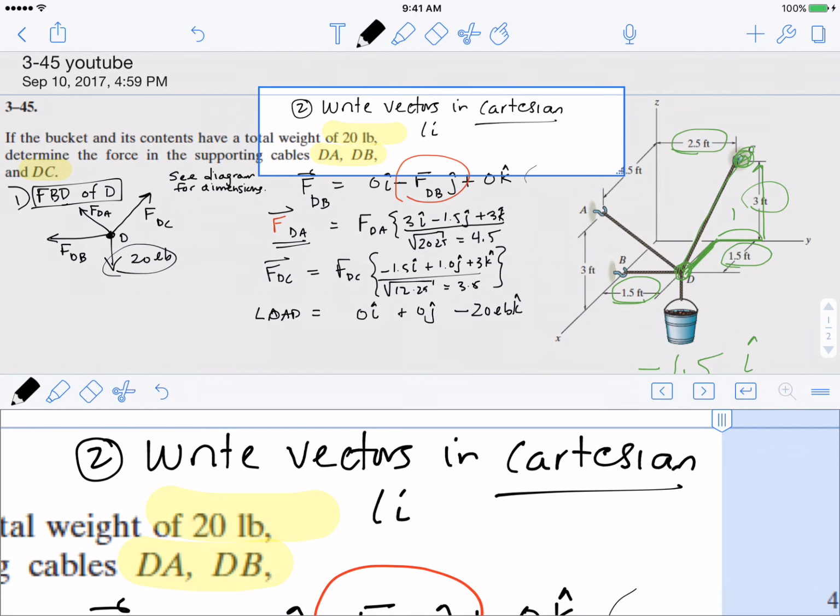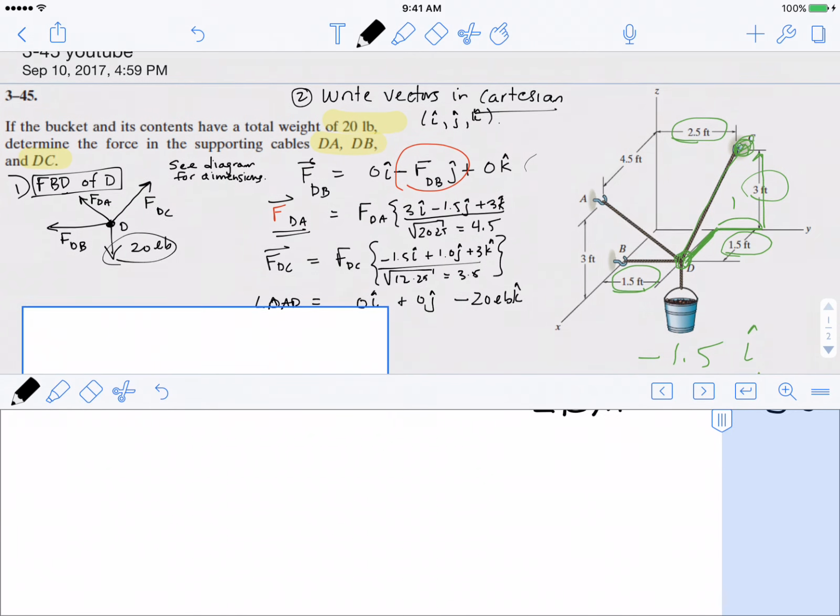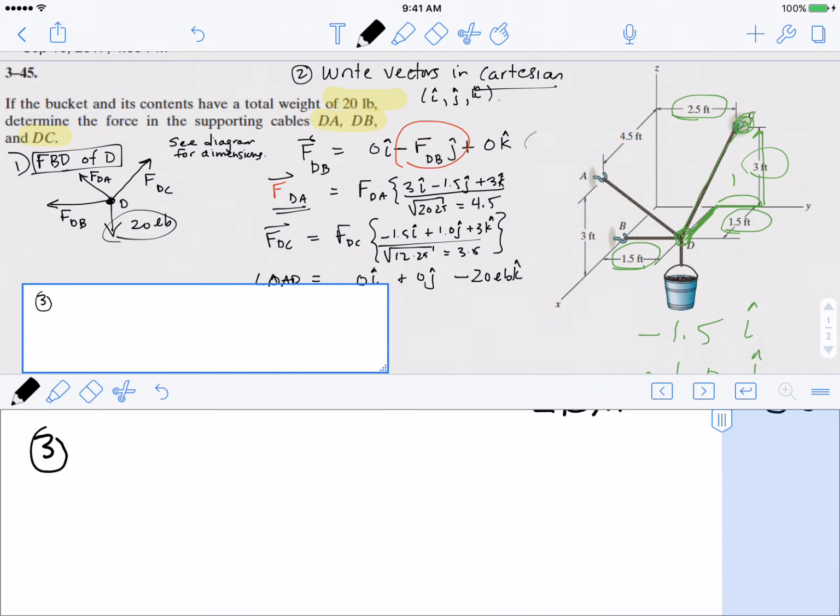And that means something in the I, something in the J, something in the K. So step number 3 is now write the equations of equilibrium.